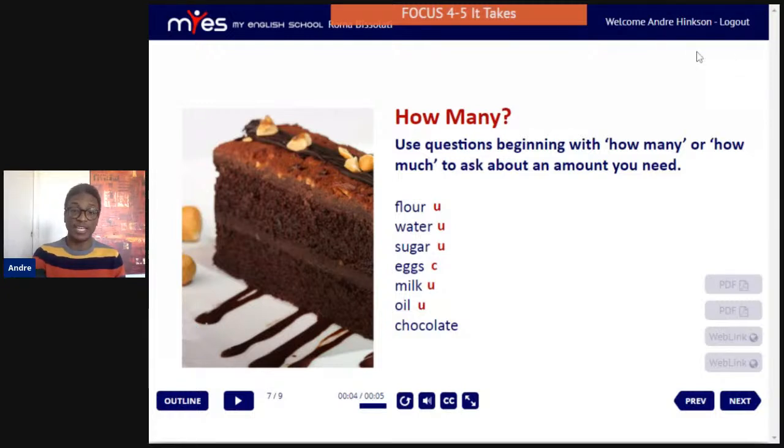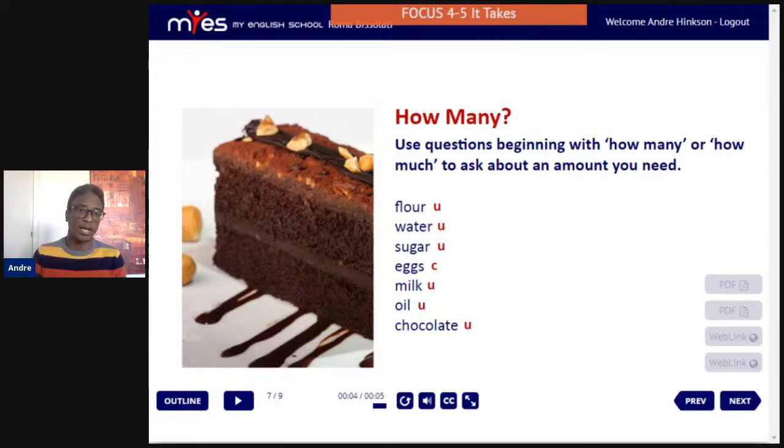Chocolate is uncountable in general. By itself, it's uncountable. But if you use a chocolate bar, a bar of chocolate, then it's countable. So 2 bars of chocolate, 1 bar of chocolate.